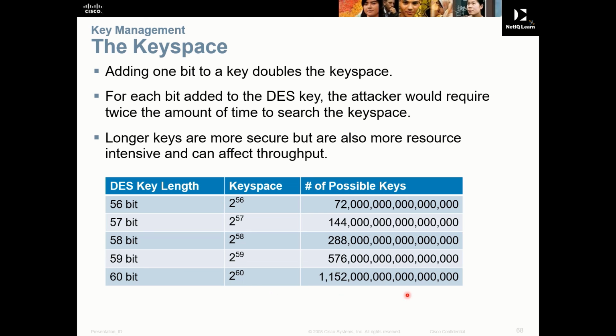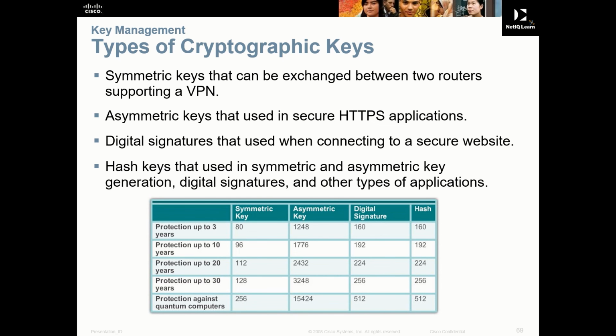This table shows how the key space is calculated using key length and the number of possible keys that could be generated. There are mainly four types of cryptographic keys, namely symmetric keys, asymmetric keys, digital signatures, and hash keys.